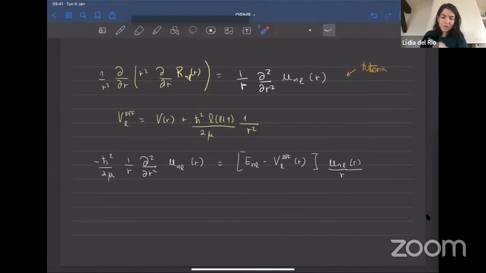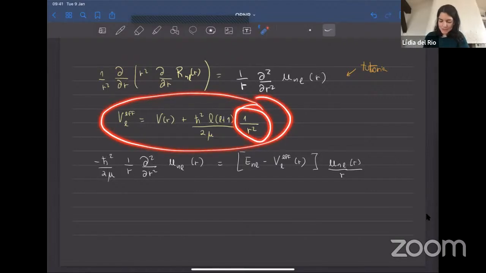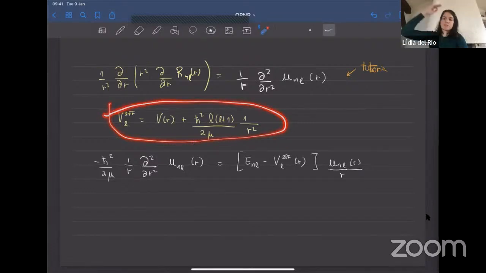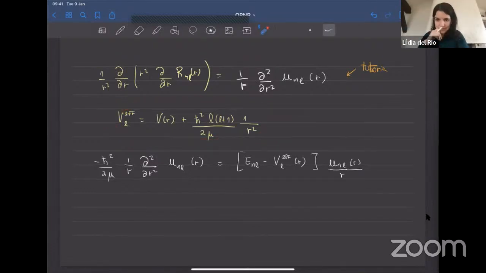Now for when R equals 0, this potential is going to diverge very quickly. It goes to plus infinity very quickly, unless this exactly cancels it out. It's not going to happen. It doesn't happen in most physical situations. So this thing is going to be infinite. When the potential is infinite, the wave function is 0.